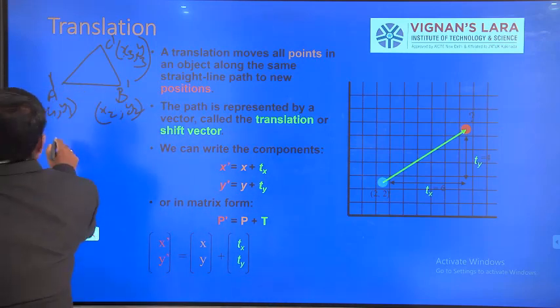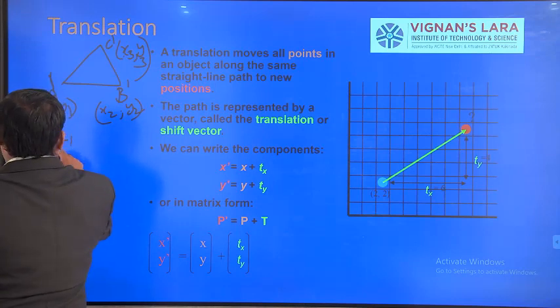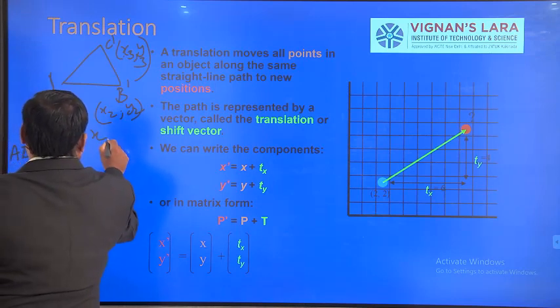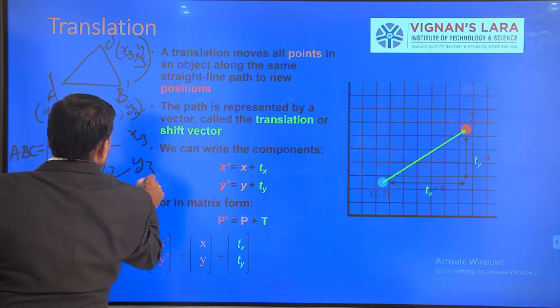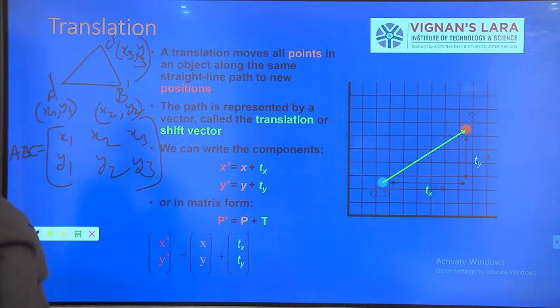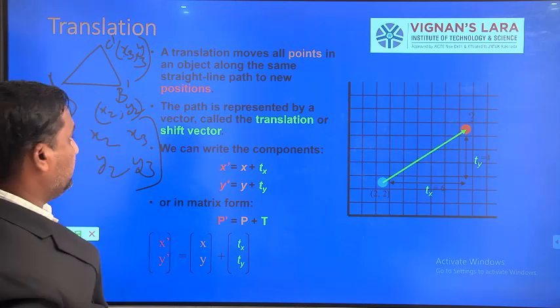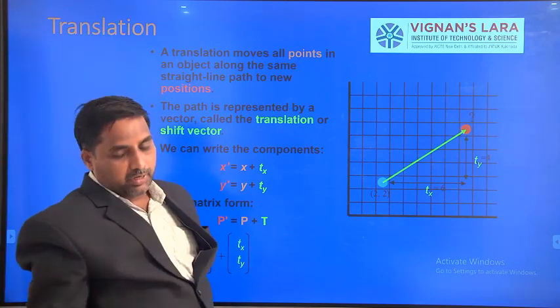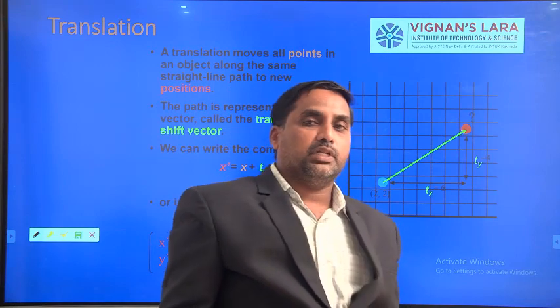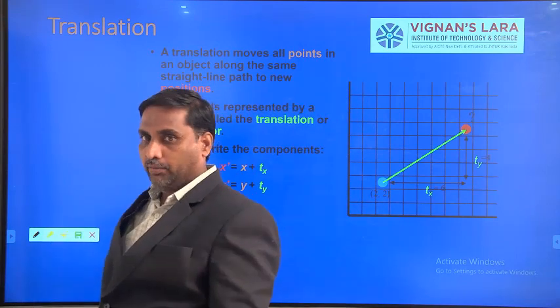In a similar way to what I explained previously: A, B, C equals x1, y1, x2, y2, x3, y3. Like this we can represent the entire triangle in matrix form, as three column matrices. Similarly, for more sides, square, rectangle, we can represent using matrix form.